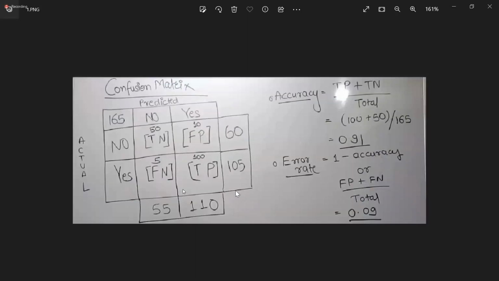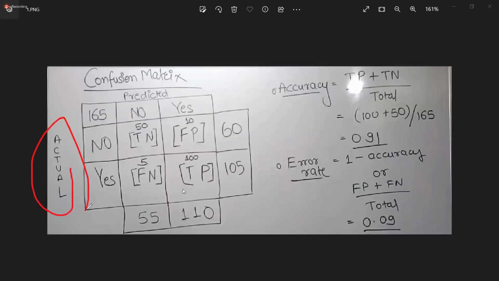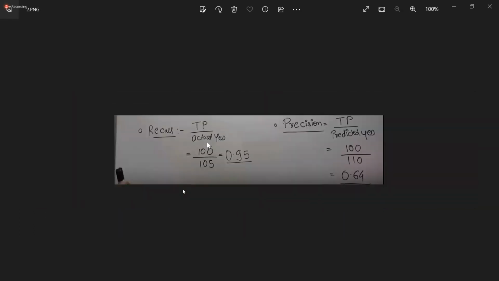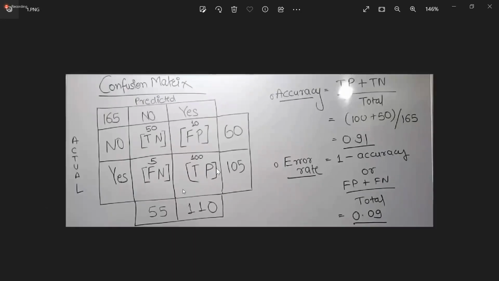So have a look at this, guys. So here, this is actual part or not? Actual yes means 110, isn't it? Or maybe, sorry, actual yes is, let's have a look at this. So TP by actual yes, recall, TP true positive 100 by 105, isn't it? This is actual yes, actual no, predicted yes.